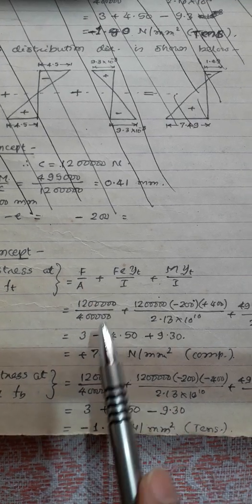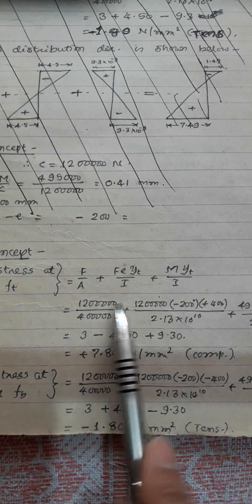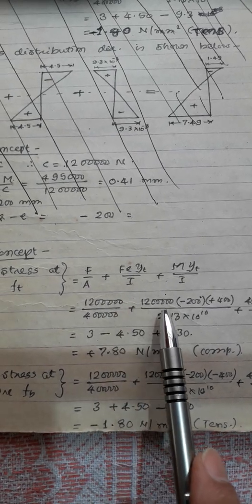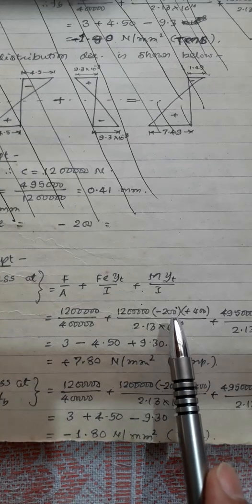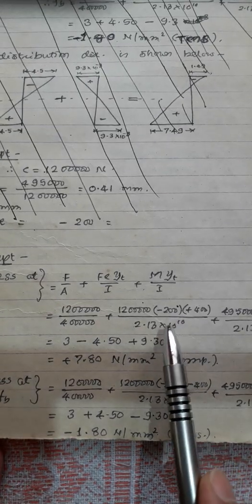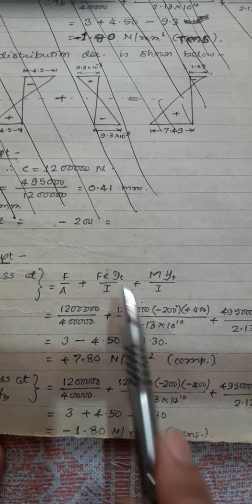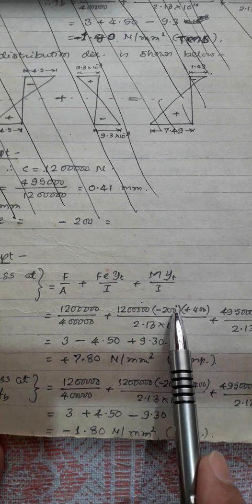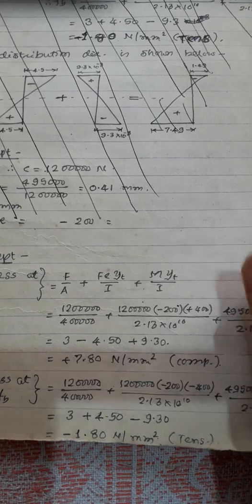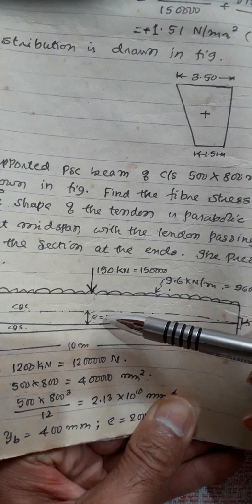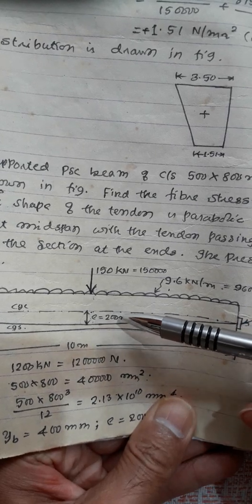F, the pre-stressing force, I know, and area we have calculated. Again F value I know, and eccentricity, as you know by now, since the cable is below the CGC, I am assigning E a minus sign, minus 200 mm. So the eccentricity is below CGC, and I have assigned E a minus sign.